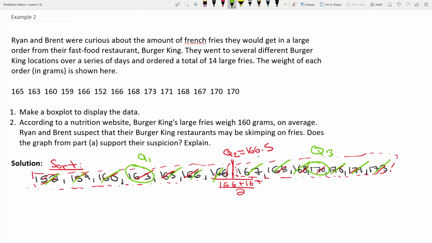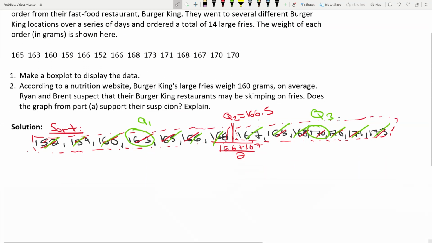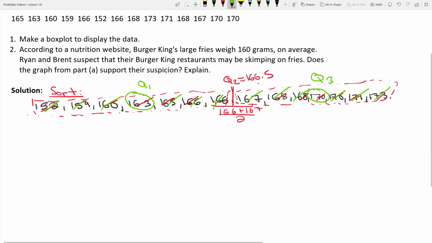Next, we can find our interquartile range. So we got IQR equals 170 minus 163, third quartile minus first quartile, or 7. So we got our IQR of 7. We're going to need that in order to do the outliers.